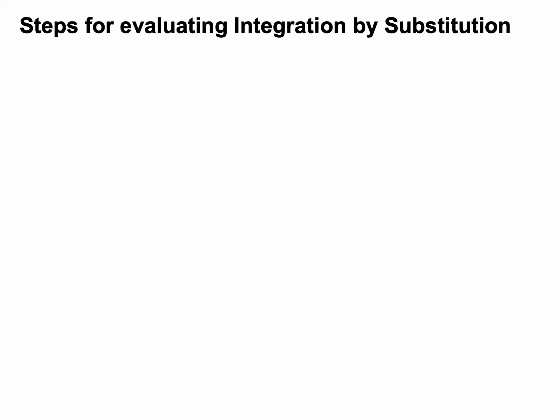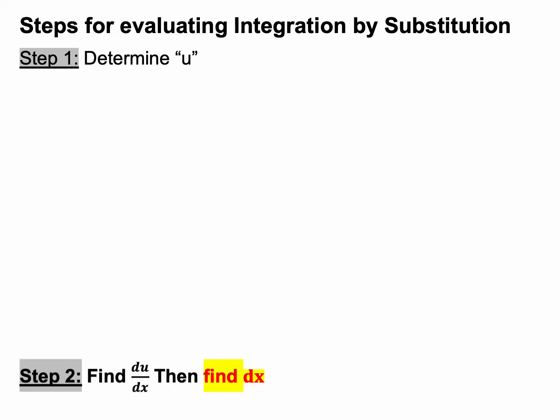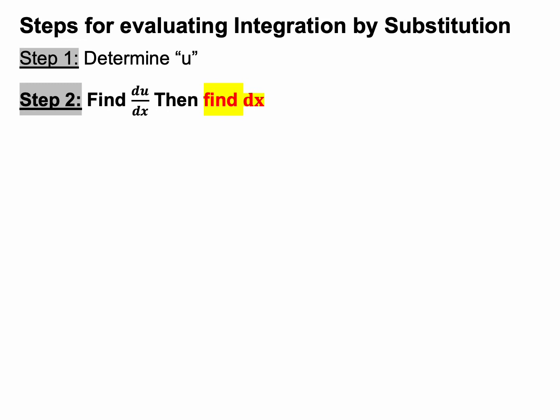Now let's talk about the steps of evaluating integration by substitution. The first step, we need to determine u. What's u? As we just explained. And since we are going to change all the variables, even dx, you should find also dx. And to find dx, we need first to find the derivative of u, which is du over dx.